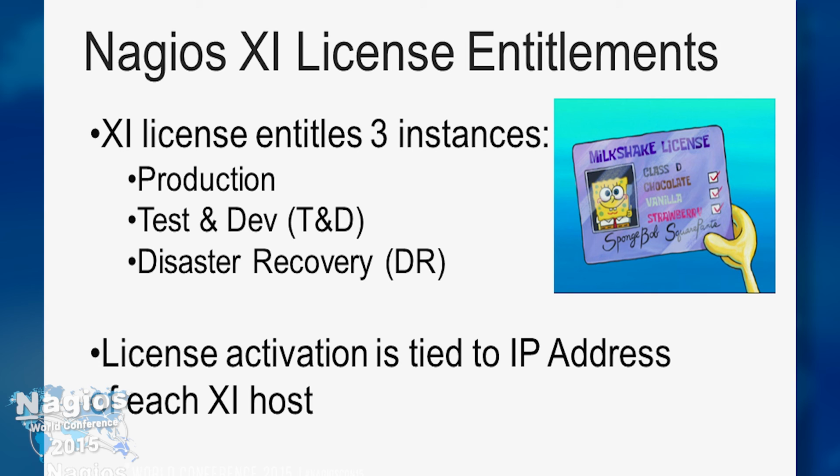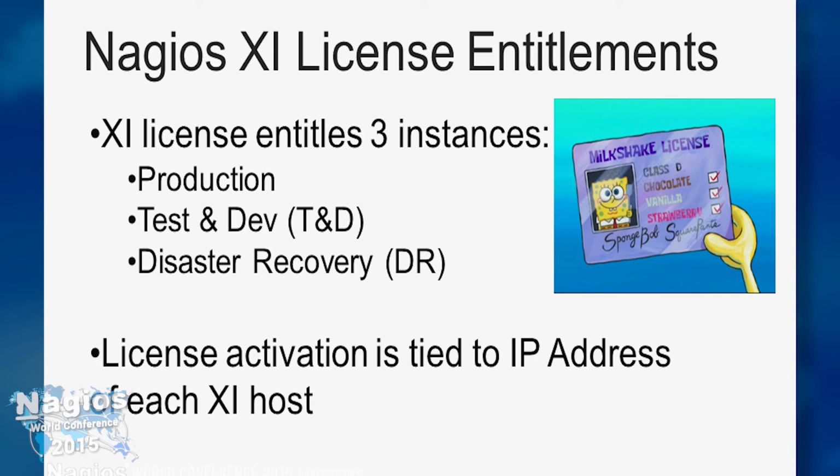But for test and development, you want to be able to configure it and make sure that the new plugin you want to use works before you dump it into your production environment. So that's completely fine. And the disaster recovery is also a great method for making sure when something goes wrong, you've got an instance ready to go, activated, you can just run a restore and off you go.